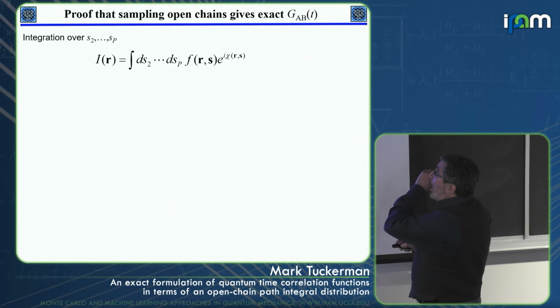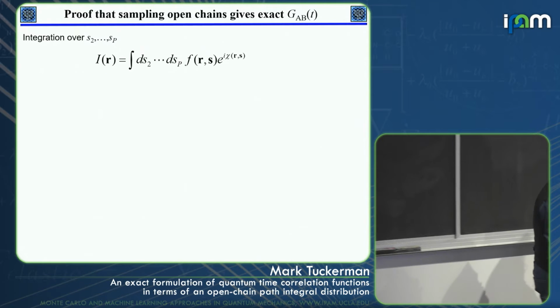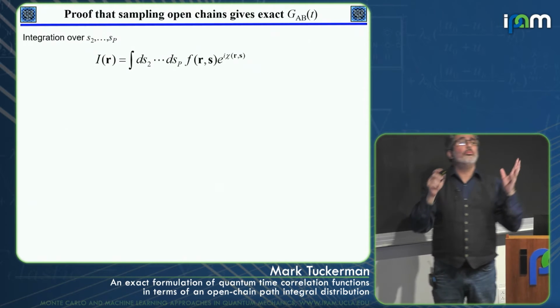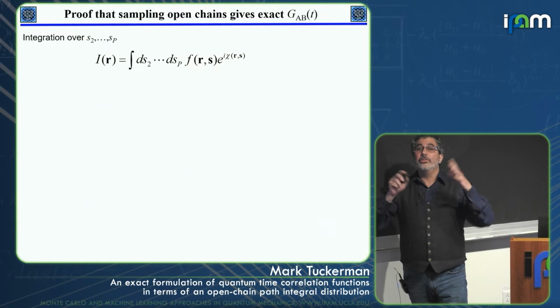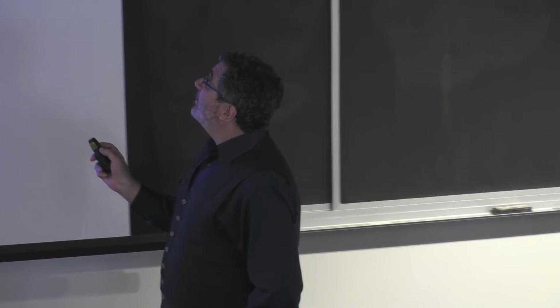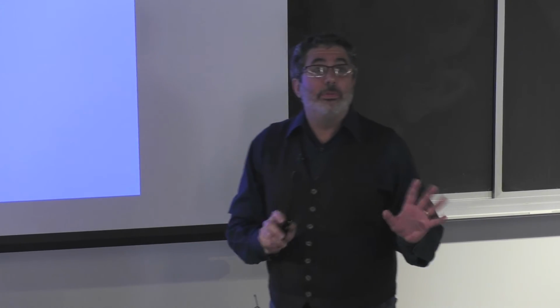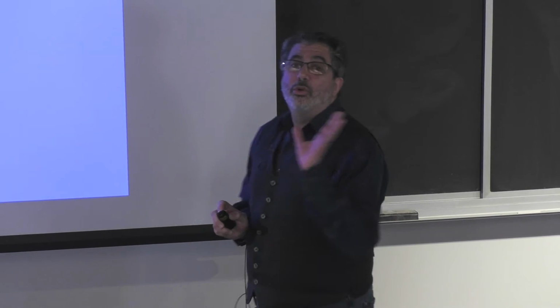Okay. Now what I want to do is to prove a little theorem for you that shows that with these open chains, if I'm willing to sample open chains, there is a formally exact distribution, positive definite, on the open chain that gives me exact quantum time correlation functions, formally.